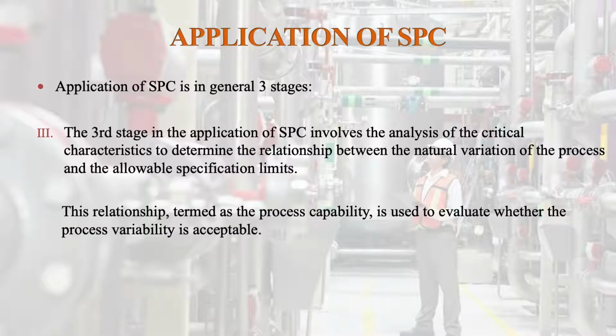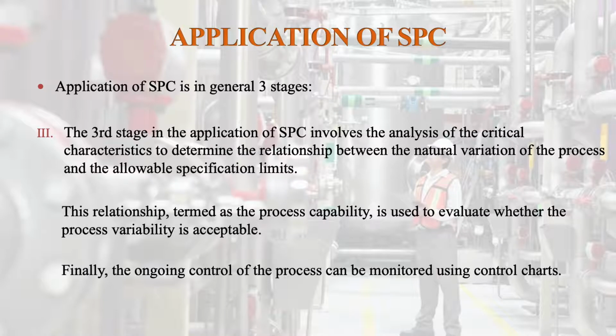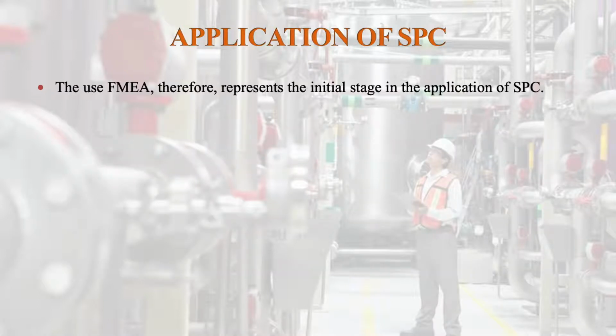This relationship, termed the process capability, is used to evaluate whether the process variability is acceptable. Finally, the ongoing control of the process can be monitored using control charts. The use of FMEA therefore represents the initial stage in the application of SPC.